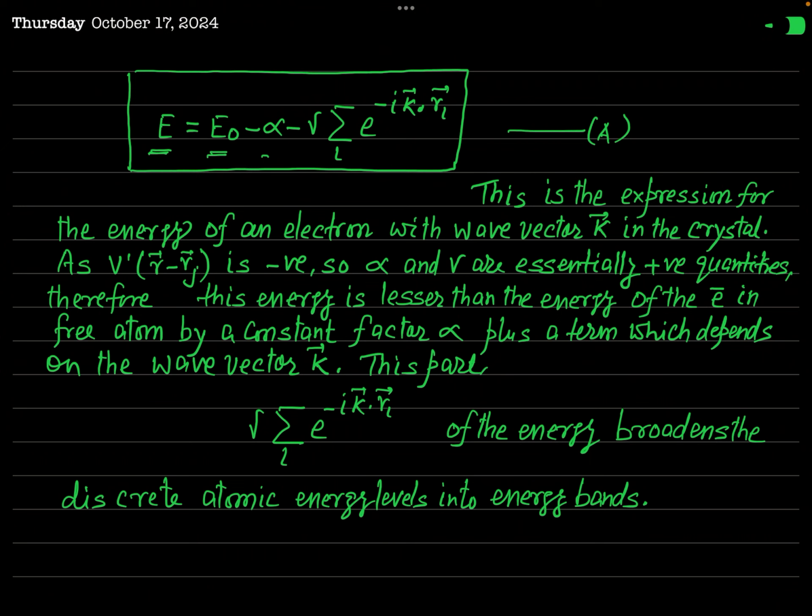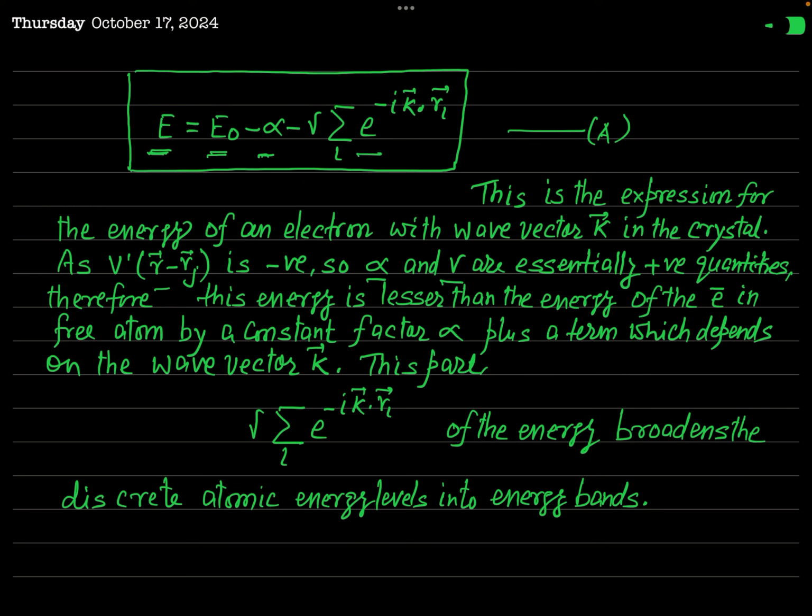Since this potential V dashed of R minus R_j is negative, the parameters alpha and gamma are positive quantities. When you calculate E, you have to subtract alpha and gamma times this much from E naught.